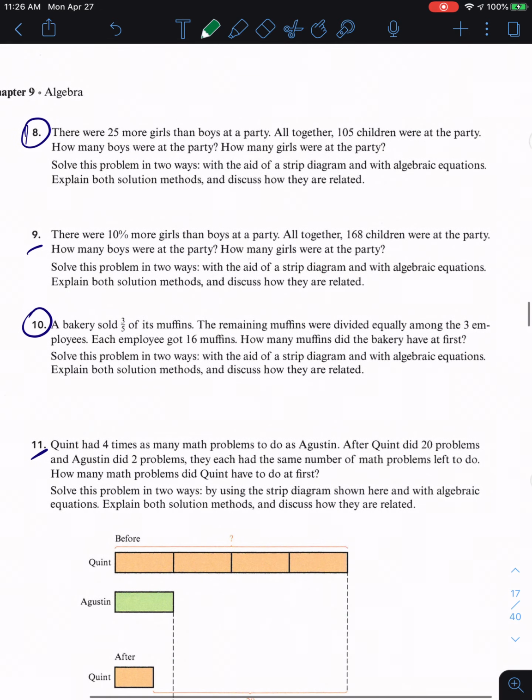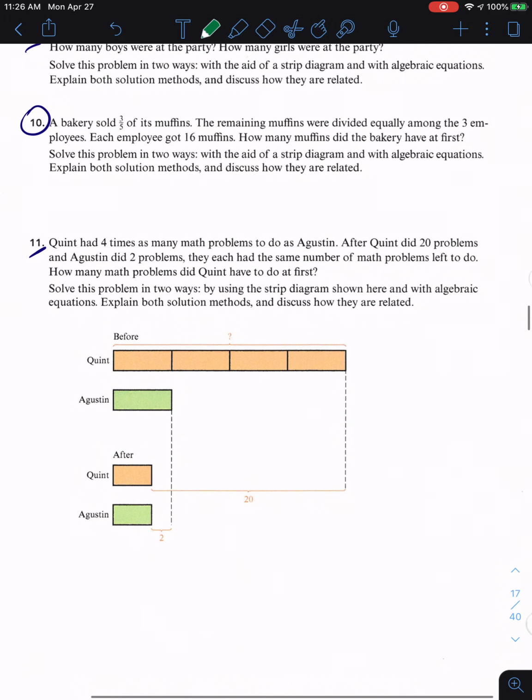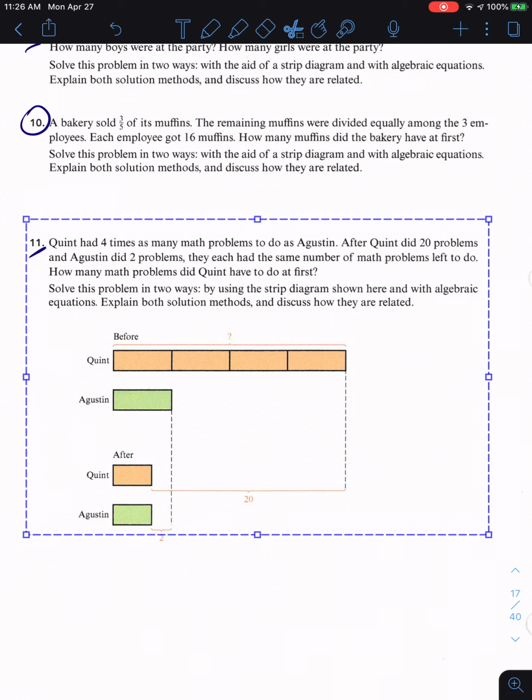Now let's take a look at the last one, number 11. And let's see, I'm going to clip that as well.